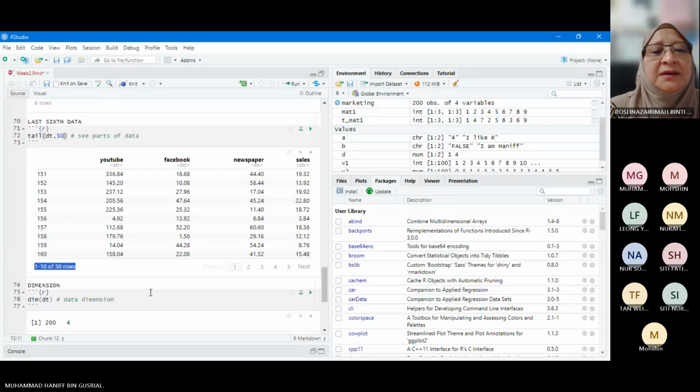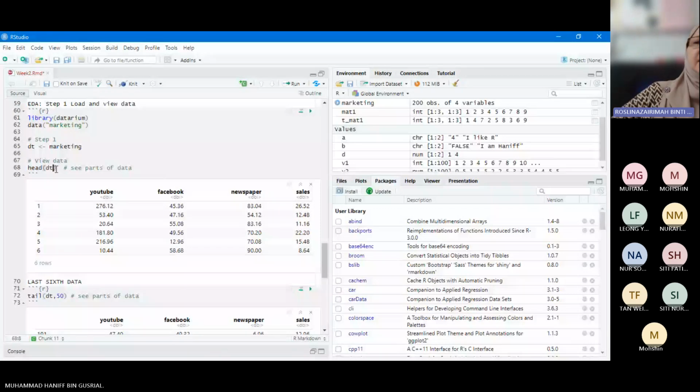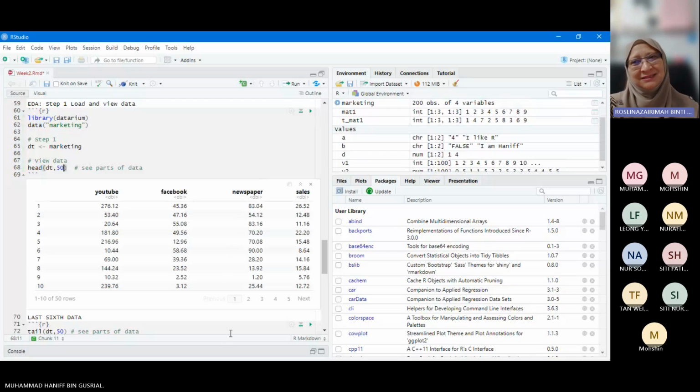Okay, we want 50. This is tail, the last 50. Similarly for head. So if you just use head, by default only 6, the first 6 or the last 6 for tail. But you can control it. If you want to see more data, you just put a comma and how many you want.